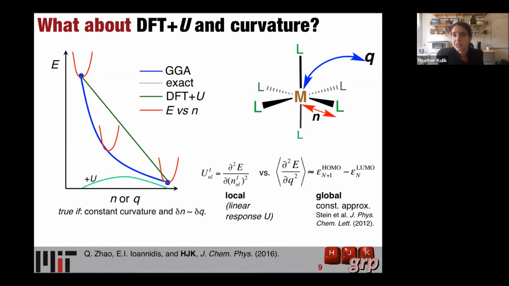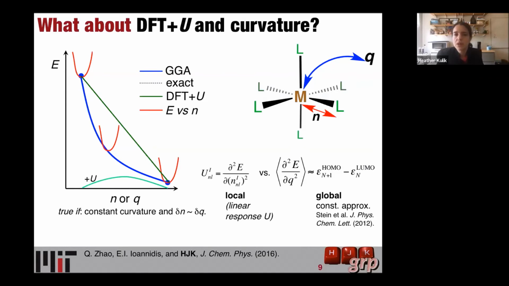And those are not the same quantities. You might expect they should be proportional, but in one case, what we're doing is we're moving electrons off of the metal center to somewhere else in the molecule versus are we adding or removing electrons entirely? And the focus of optimally tuned range separated hybrids has been to say, let's correct the error in adding or removing electrons from the whole molecule, whereas the focus of the Hubbard U community and DFT+U community is let's correct this local behavior of the metal.